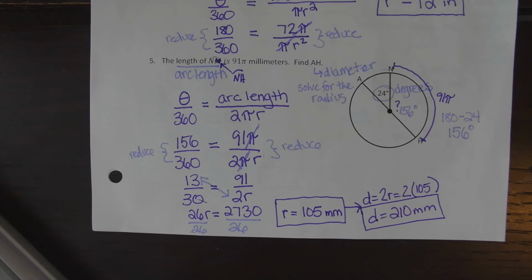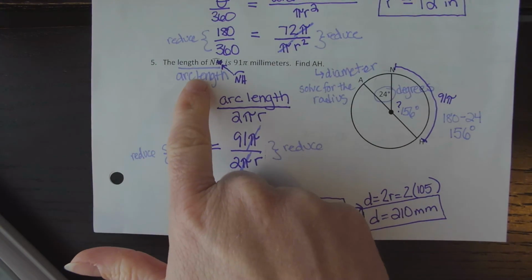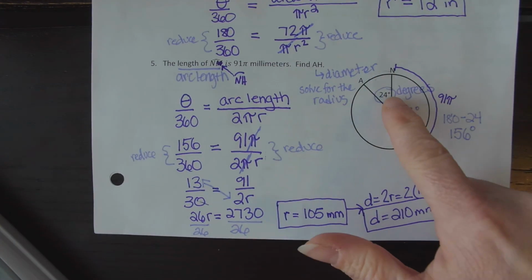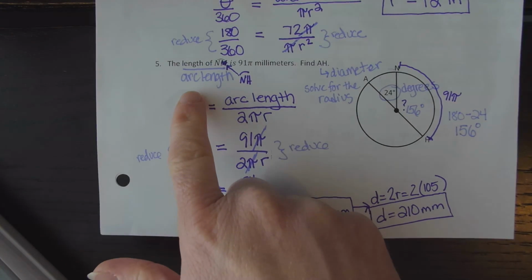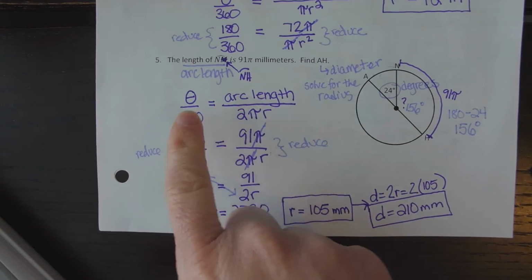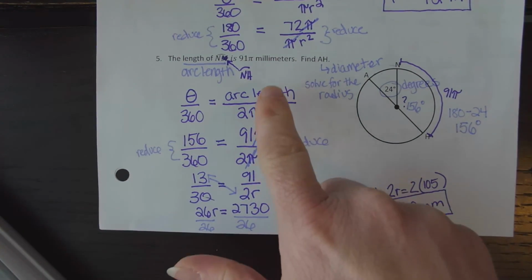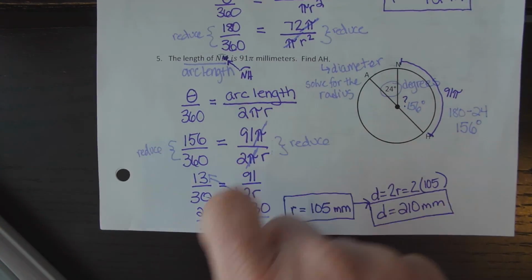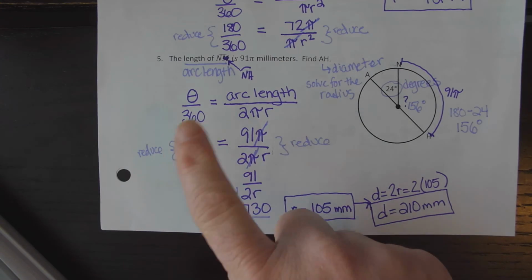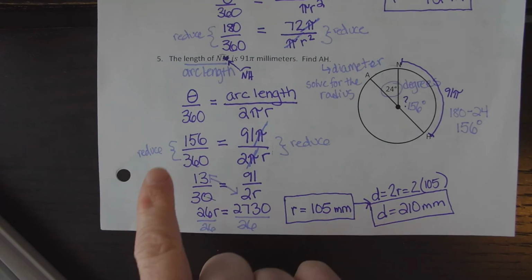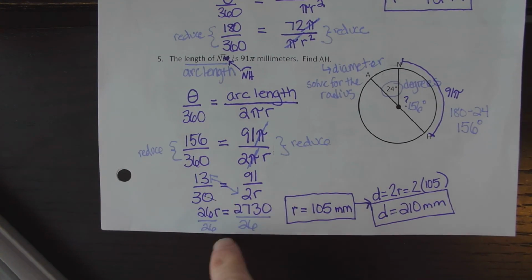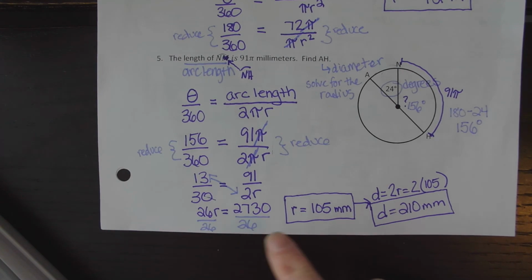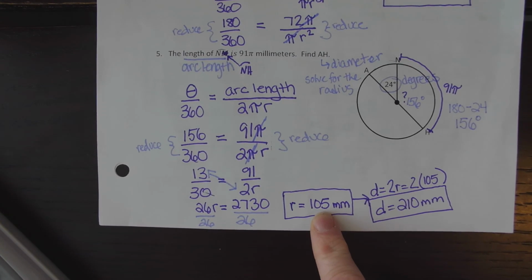All right, so we read the problem. We have arc length, and then we had degrees. So we did part over whole for degrees and part over whole for arc length. You've got to know that 2 pi r and arc length go together. I plugged in what I knew, and then I reduced, and then I cross multiplied, and then I solved by dividing by 26 on both sides.